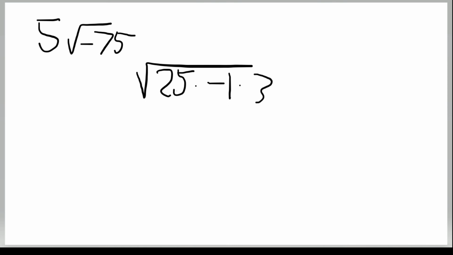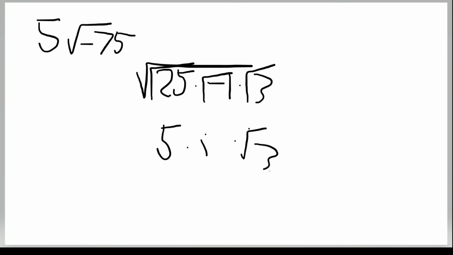Now, we take the square root of each: it's going to come out to 5 times i times the square root of 3, because you can't go any lower than that. And the square root of -1 is i, and the square root of 25 is 5. So this all checks out.